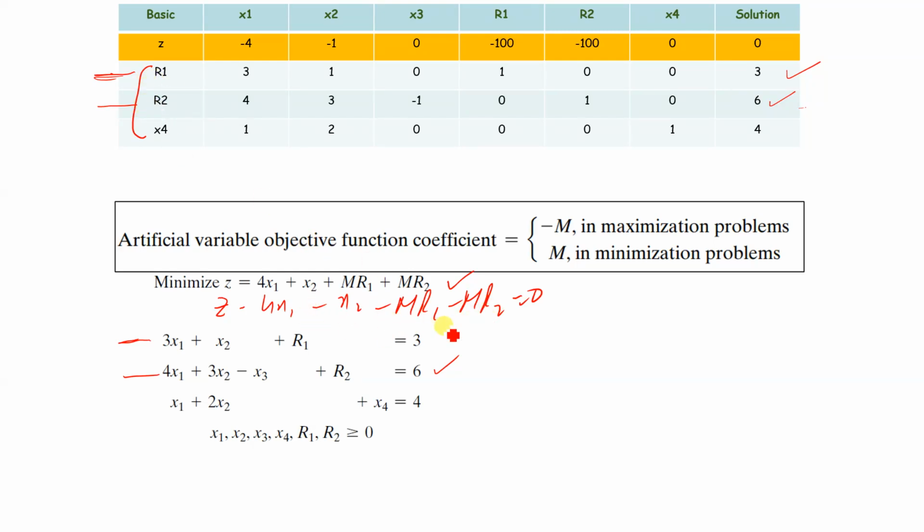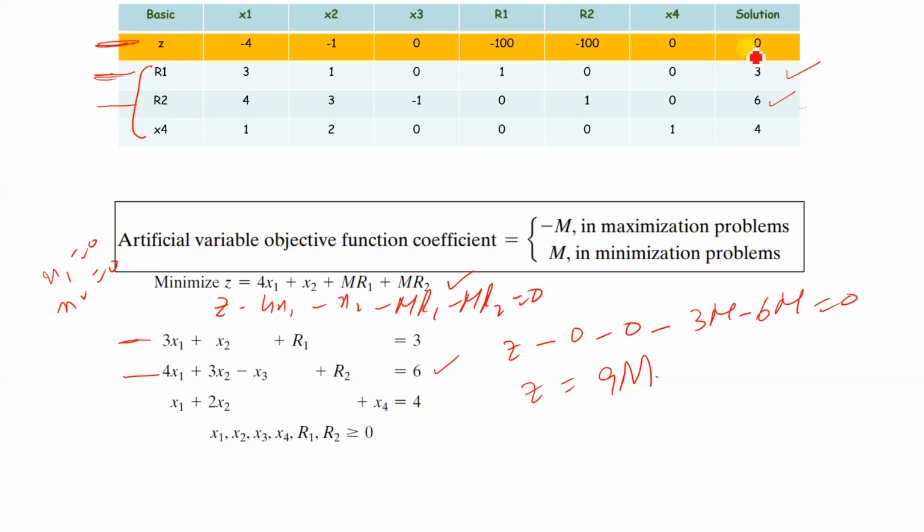When we plug in all these values, and x1 is 0, x2 is 0, this becomes Z minus 0 minus 0 minus r1 is 3, so 3M, minus r2 is 6, so 6M is equal to 0. So this gives us Z is equal to 9M. But from this row, we can see that Z is equal to 0. So this row is not consistent with the rest of the rows.